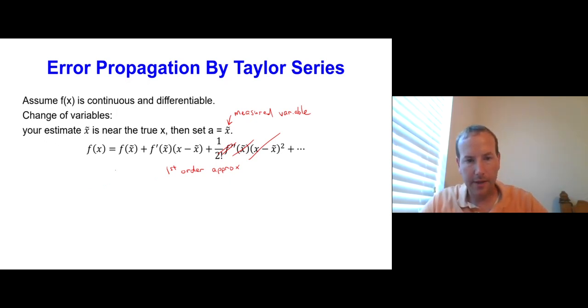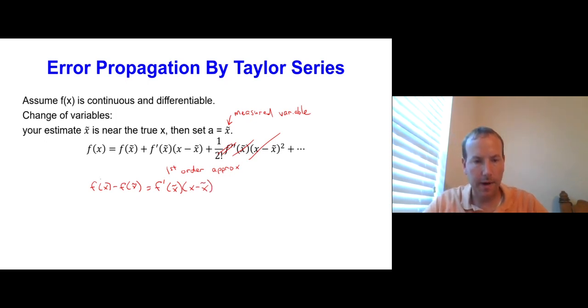And so taking the terms that we have left, we're going to just rearrange them. Right here, this is the difference between the actual output if we knew x perfectly and the predicted output of this function based on the measured value of x.